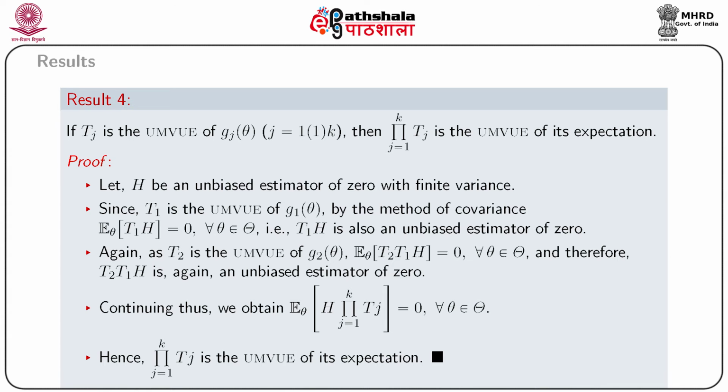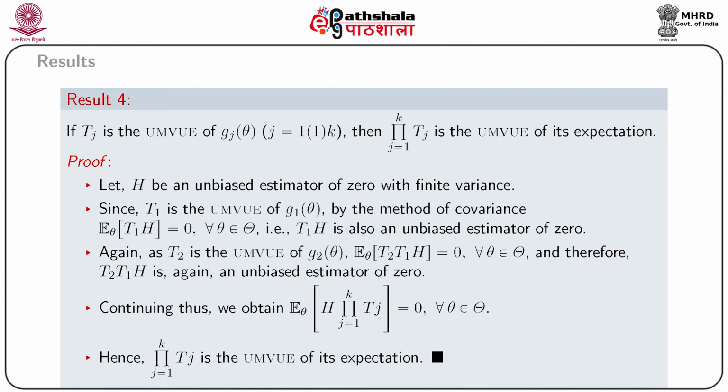By a similar argument as before, we get expectation under theta of T3 into T2 into T1 into H equals 0 for all theta. Proceeding in this way, we finally get expectation under theta of product over i from 1 to k of T_i into H equals 0 for all theta.